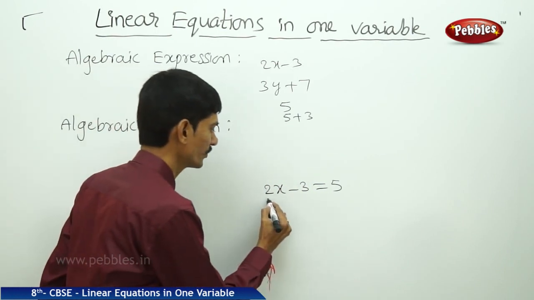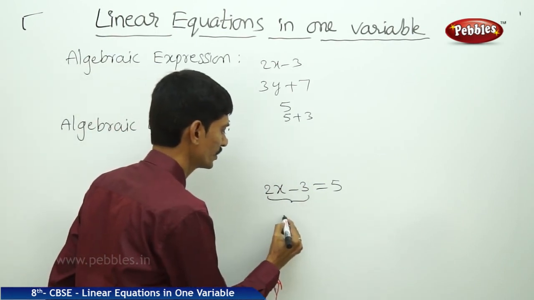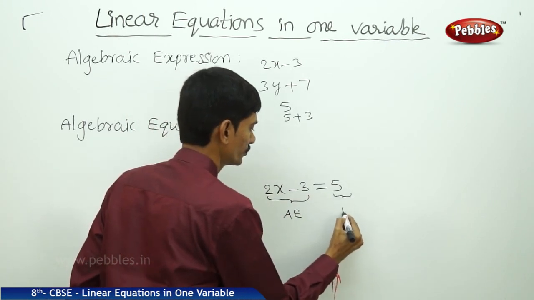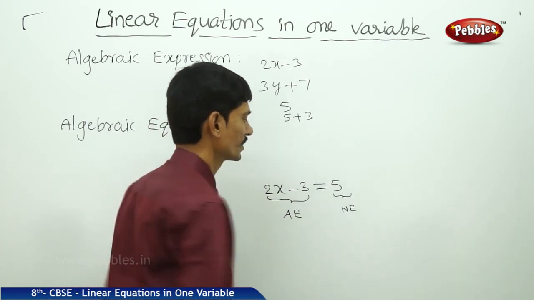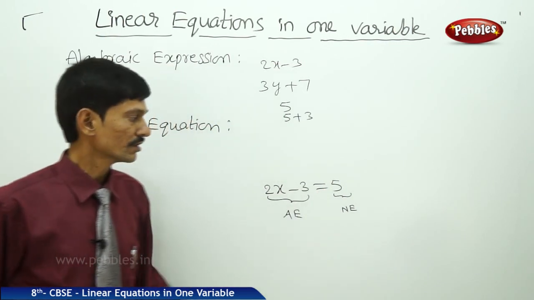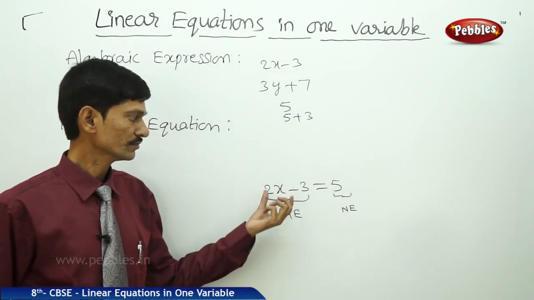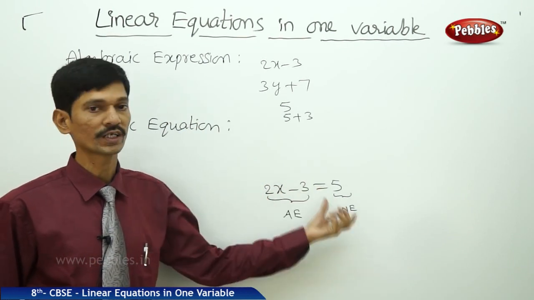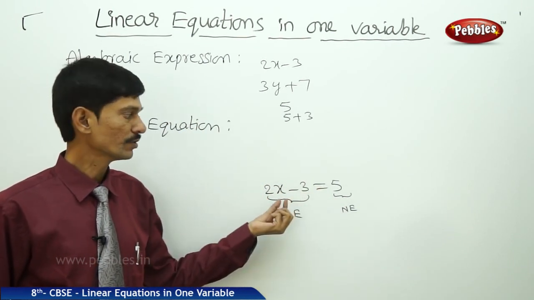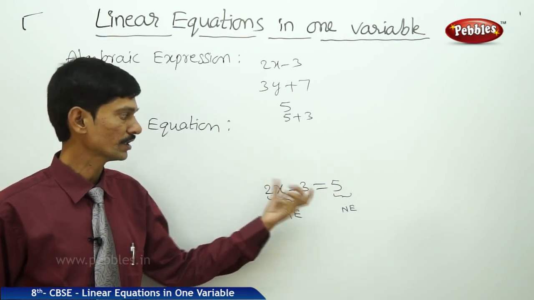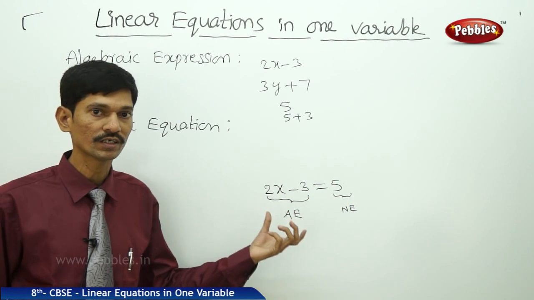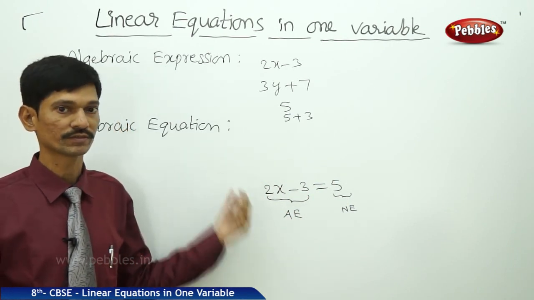Here 2x minus 3 is an algebraic expression, 5 is a numerical expression, and equal to is there. So the equality of two expressions with variables and constants is called an algebraic equation.